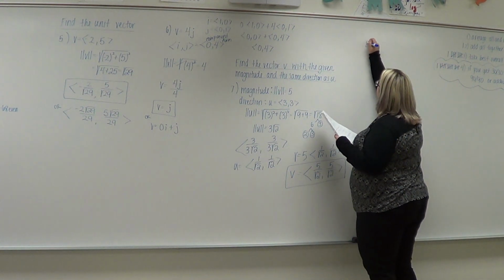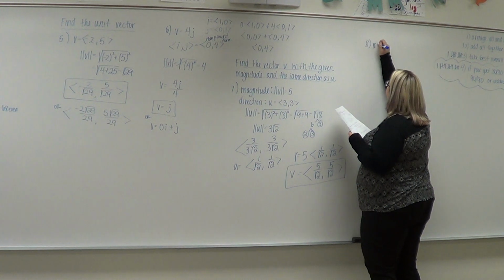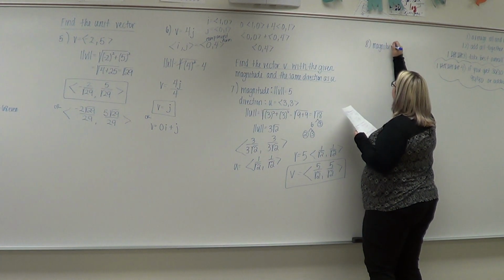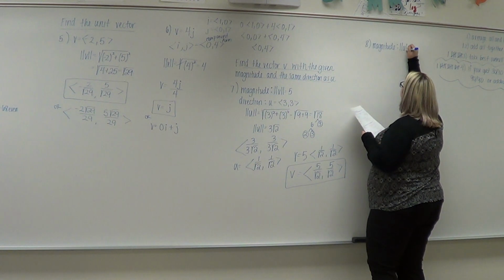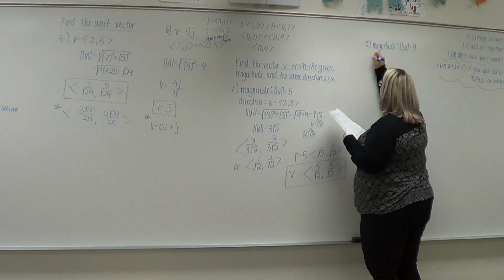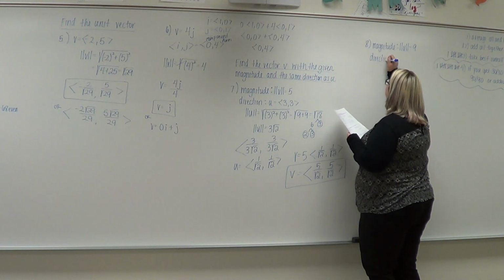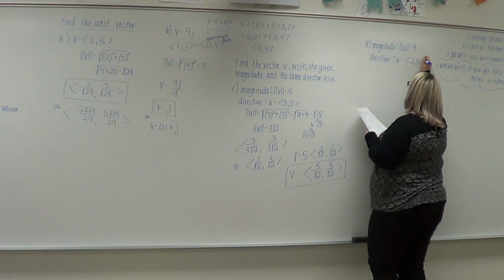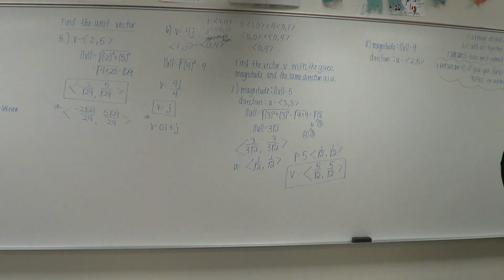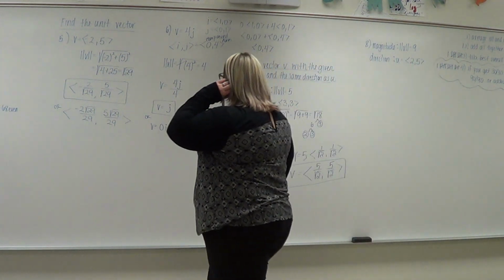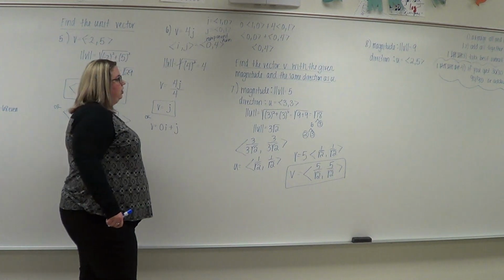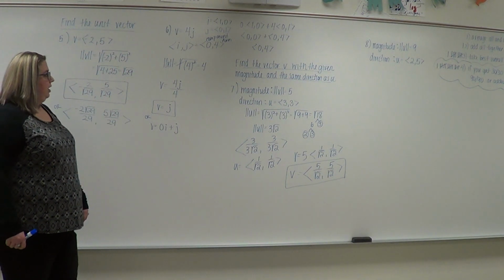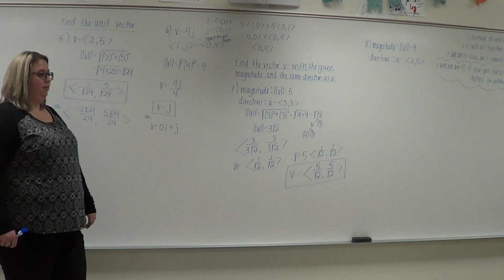Let's do another one. Okay, so I know my magnitude for v for this one is 9, and I know my direction for u is 2, 5.